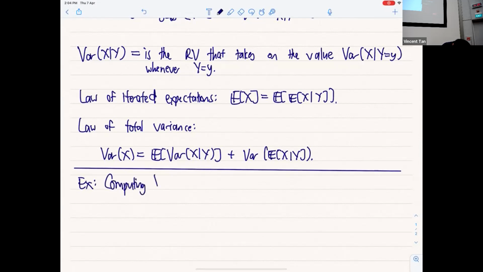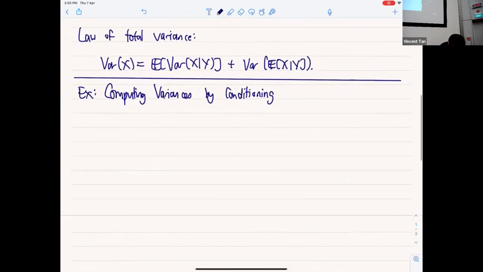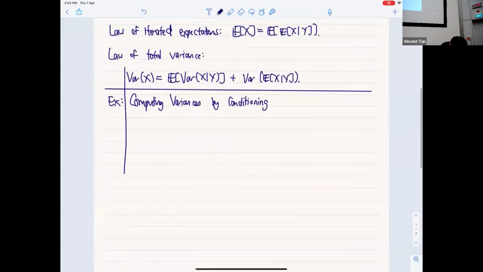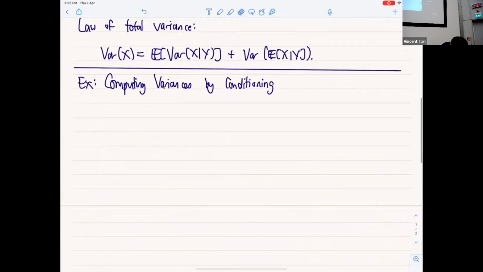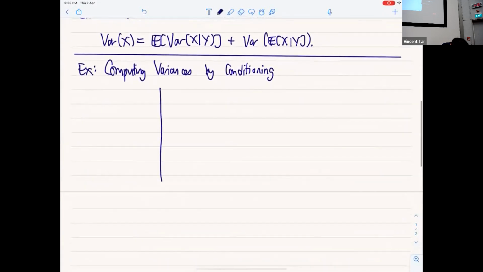Computing variances by conditioning. And then the above quantities will become self-evident. Self-evident means obvious, all right? So we have a particular PDF, which looks a bit strange, but it's nicely split into 2 parts, okay?